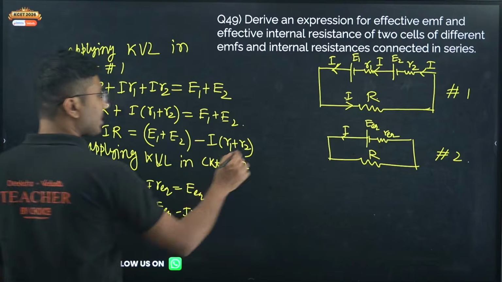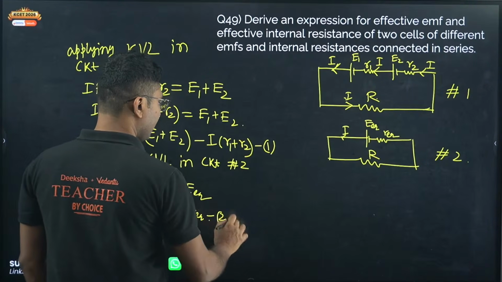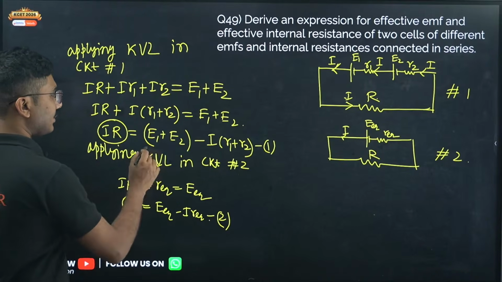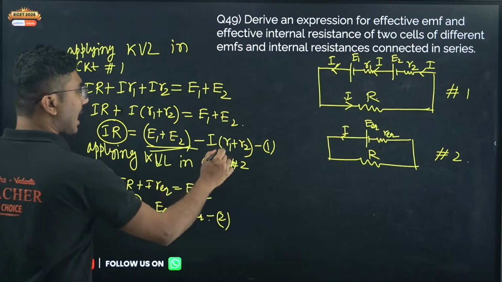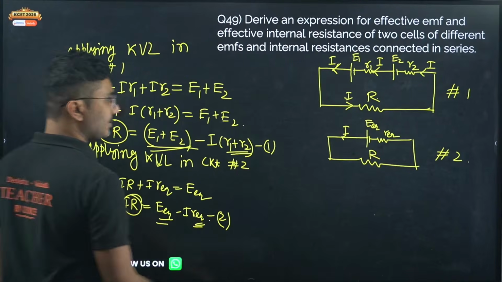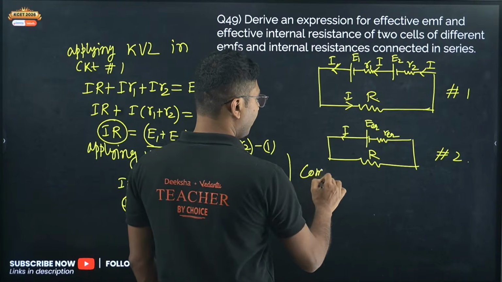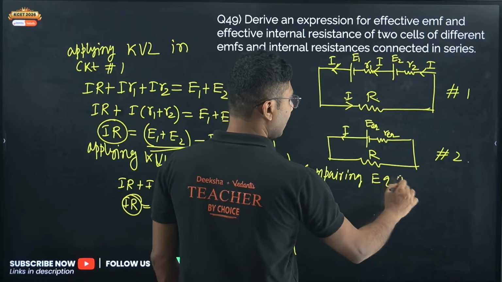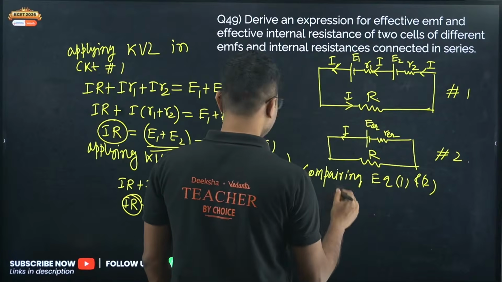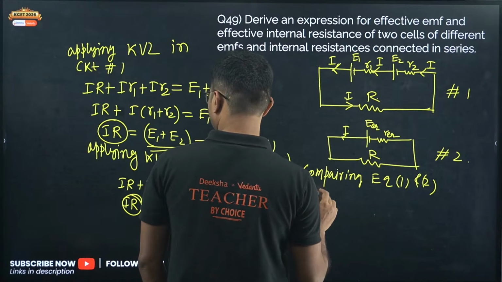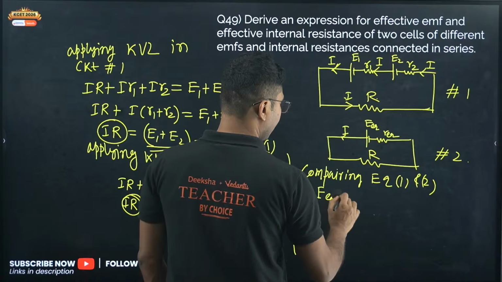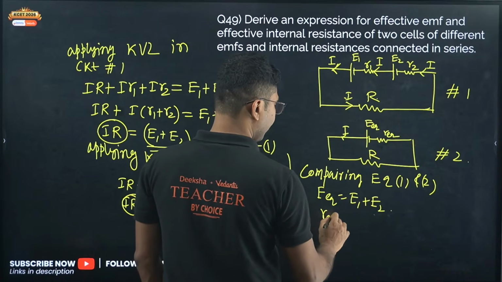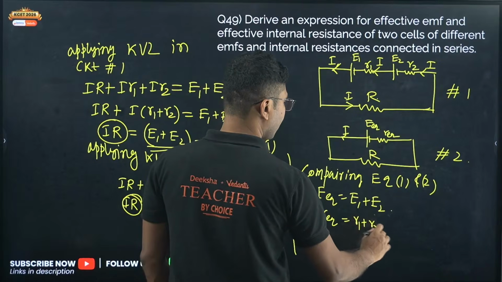If you see equation number 1 and equation number 2, the left hand side in both cases has IR, so this must be equal to the equivalent EMF and this must be equal to the equivalent resistance. So comparing equations 1 and 2, we can write that E equivalent equals E1 plus E2 and R equivalent equals R1 plus R2.